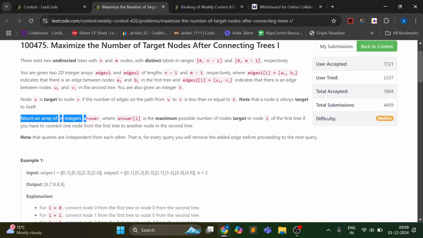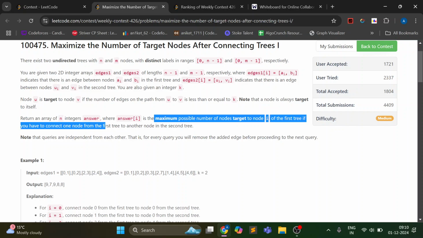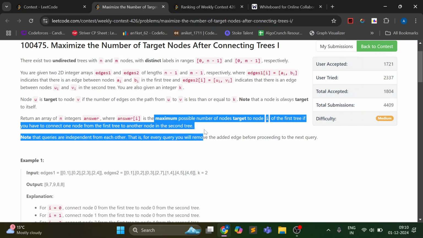And we have to return an answer array where on each index there is the maximum possible number of nodes target to node I of the first tree if we have to connect one node from the first tree to another node in the second tree.